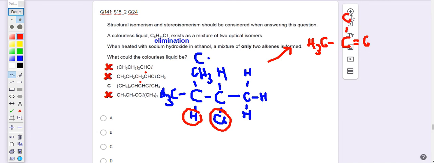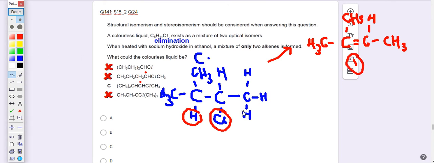This is CH3. Then this carbon is bonded to H and CH3. Now let's check if the carbons are bonded to two different groups of atoms or not. This C is bonded to two CH3 groups, no cis-trans isomers, so only one alkene.